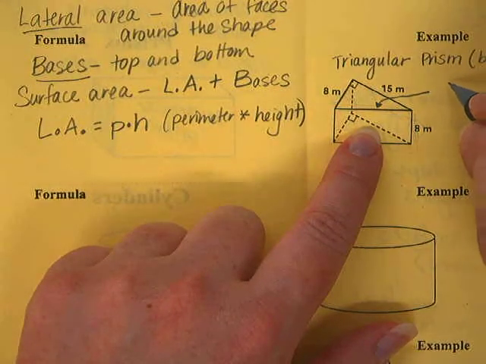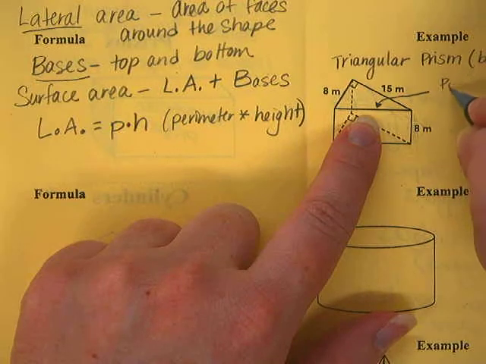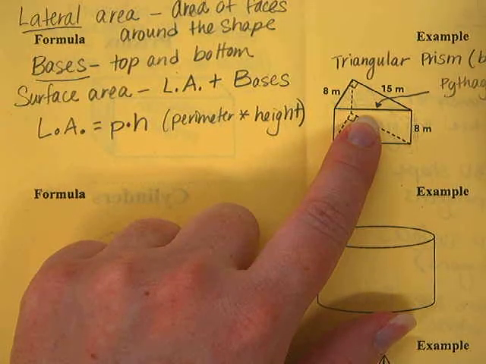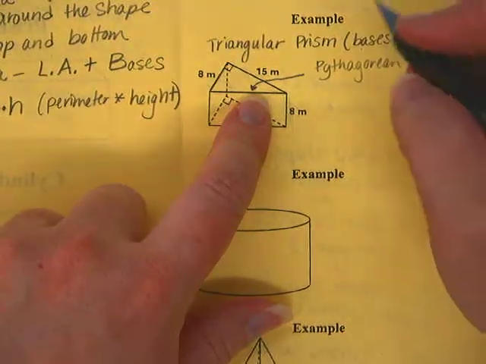Notice how this is a triangle. What kind of triangle is it? It's a right triangle. So if it's a right triangle, we need to find that other side by doing Pythagorean Theorem.